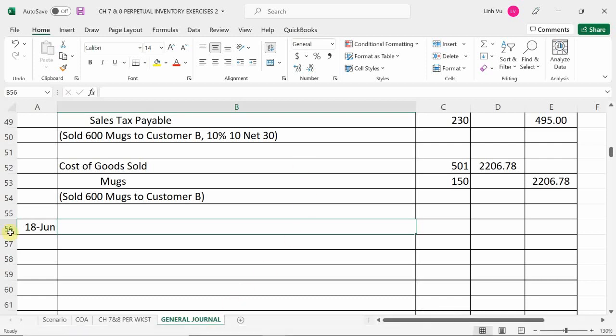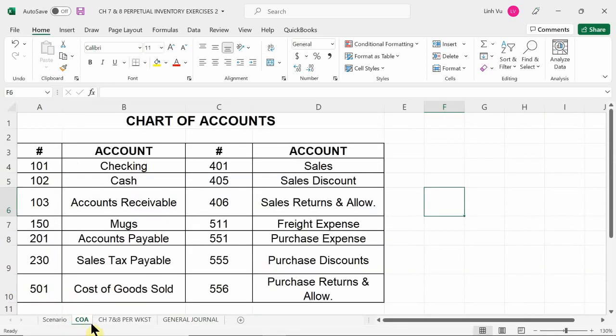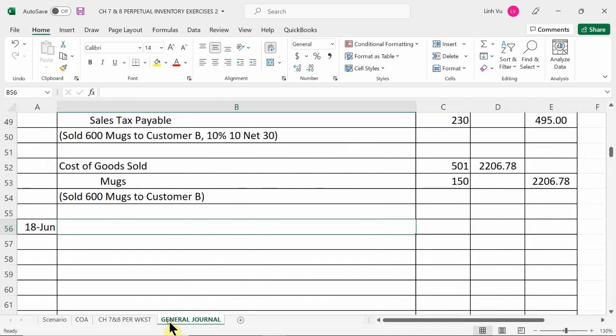Use sales returns and allowances, and then sales tax payable, and then accounts receivable. Good, right? In this case, we have sales returns and allowances for account number 406.